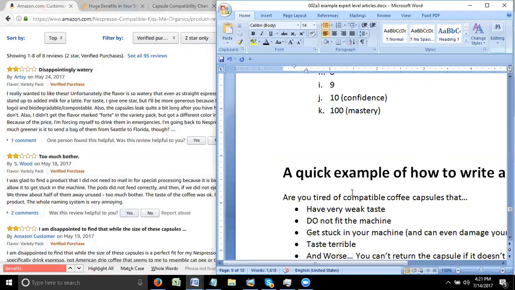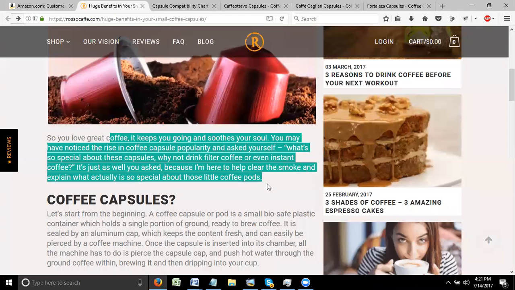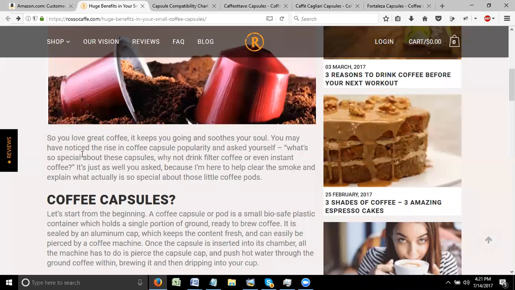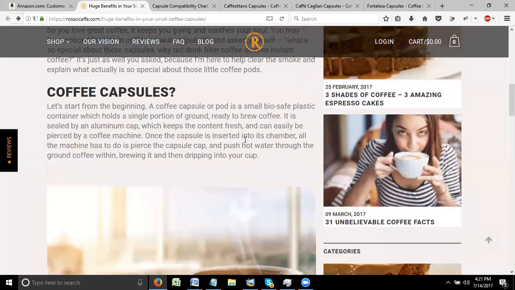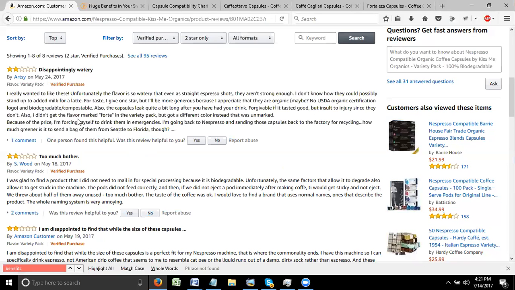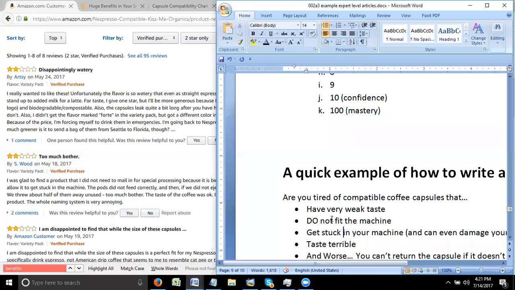It's actually a better way to understand our readers by reading the reviews rather than reading articles like this. If you read articles like this, it's going to mislead you in the wrong direction. It's better to read reviews like this because you will really begin to truly and deeply understand the concerns of the readers.